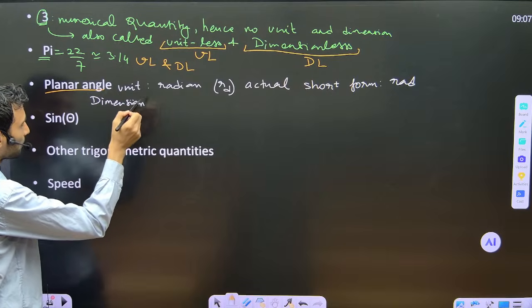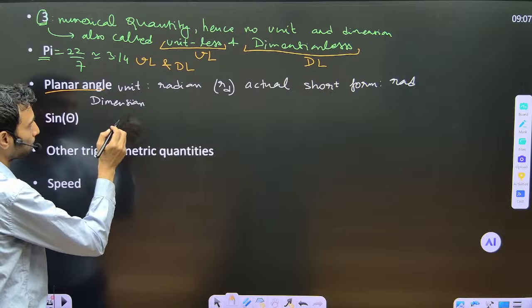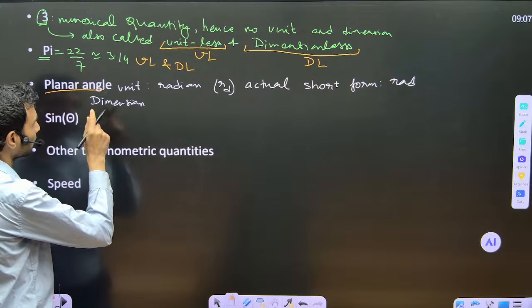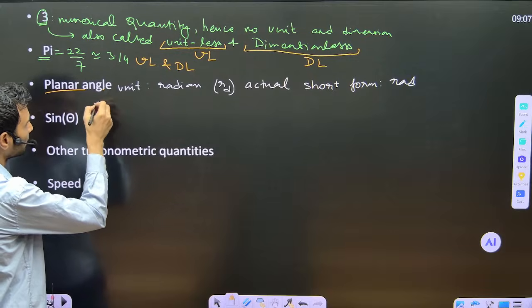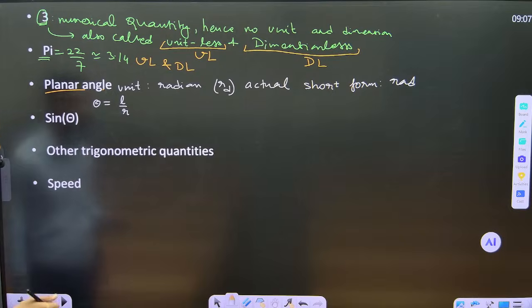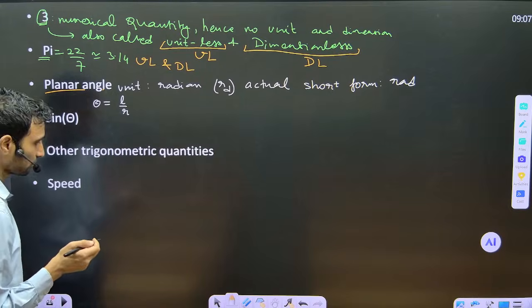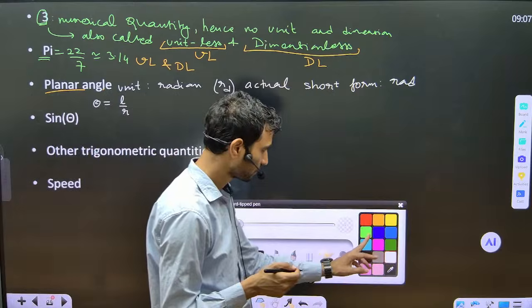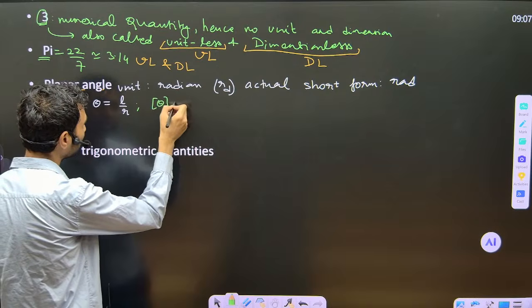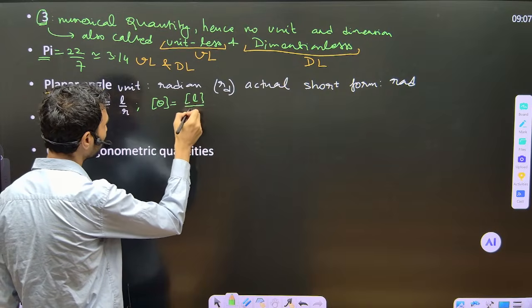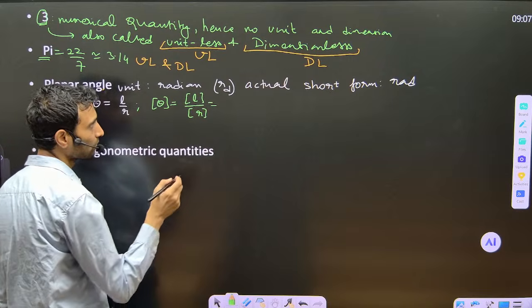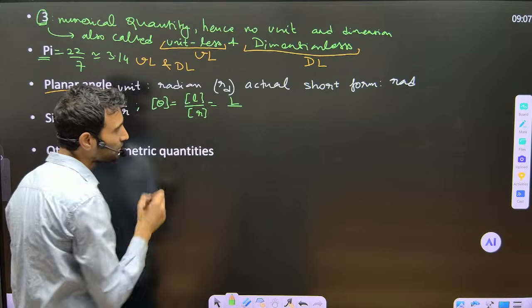Let's check dimension. So theta is equal to L upon R, right? That is the formula for theta. Now, if you want the dimension of theta, that will be dimension of L divided by dimension of R. And what's the dimension of length? We saw it is L. And what will be the dimension of radius?